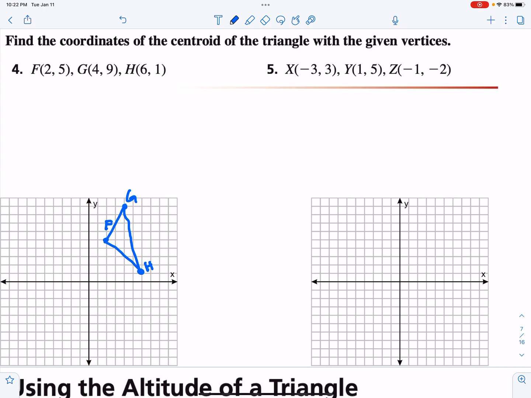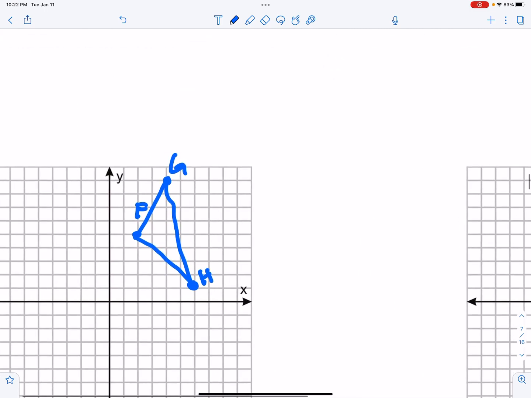Now, in order to do this, really all I need is to find the midpoint of one side. We can do the midpoint formula, or we can just count slopes. If I count rise over run on this one, my rise is up 1, 2, 3, 4 over 2. So my midpoint is going to be right there. From my midpoint back to my vertex is going to look like that.